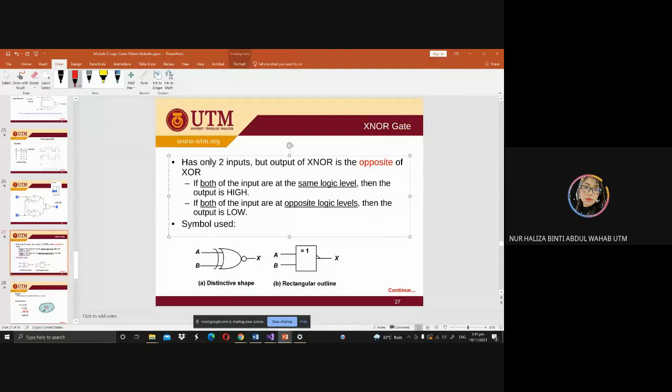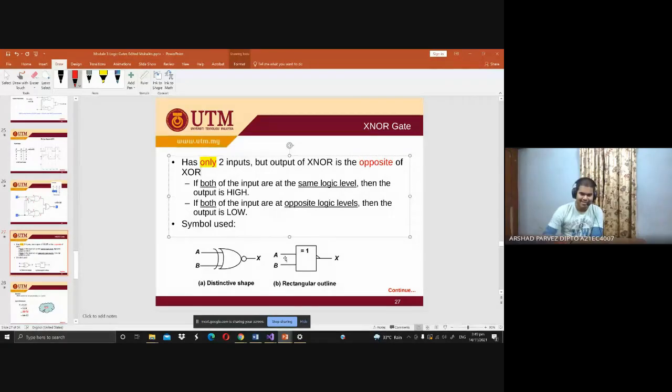If you go for AND, OR, NAND, and NOR, you can have multiple inputs. But for XOR and XNOR, you only have 2 inputs. Okay, thank you.